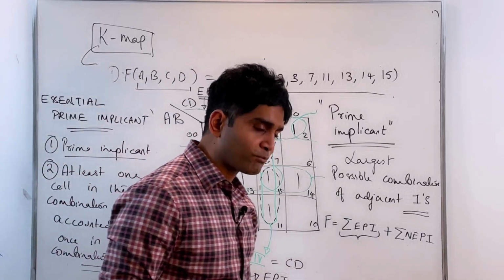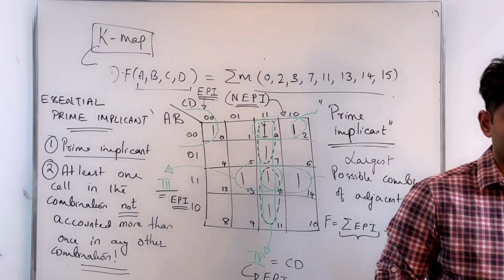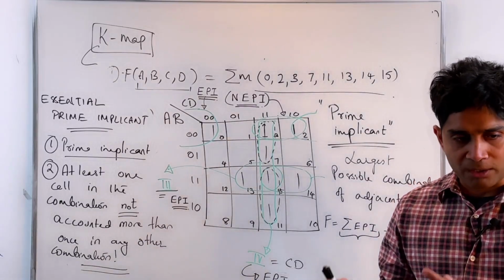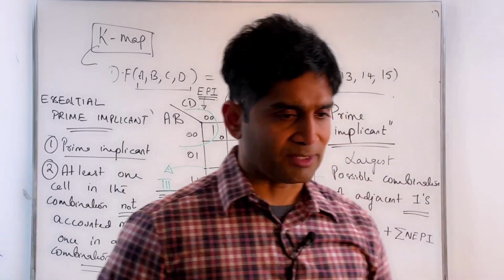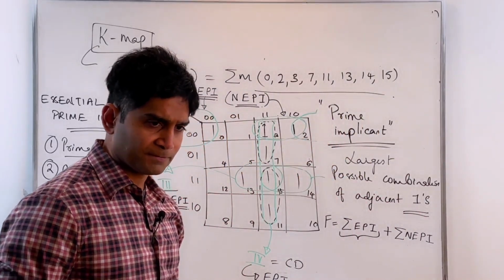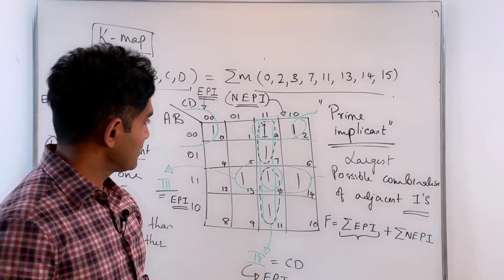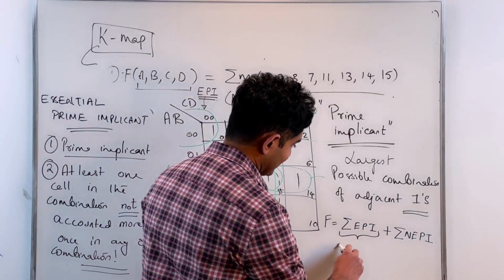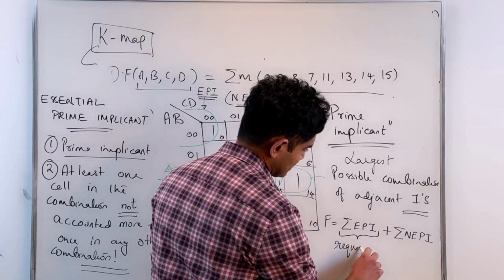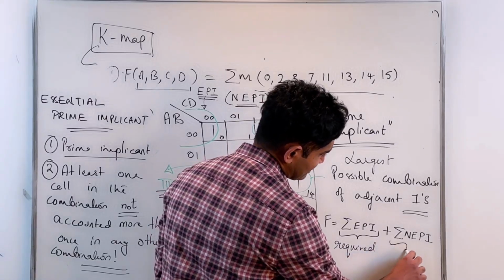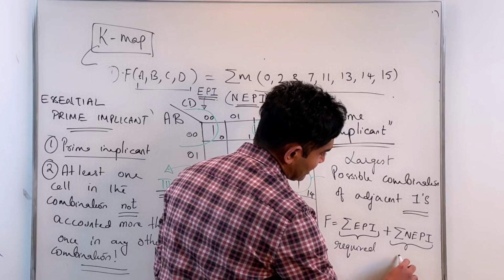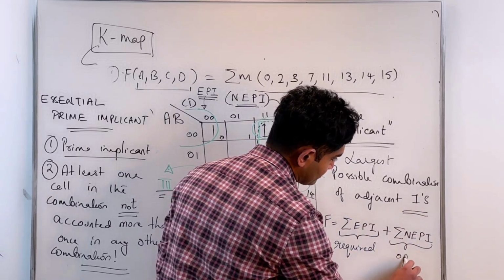Let's take another example where I have to use some of the non-essential prime implicants. But before we move on, any other questions here? Does the concept itself make sense? So this is required, and this, depending on the situation, can be optional.